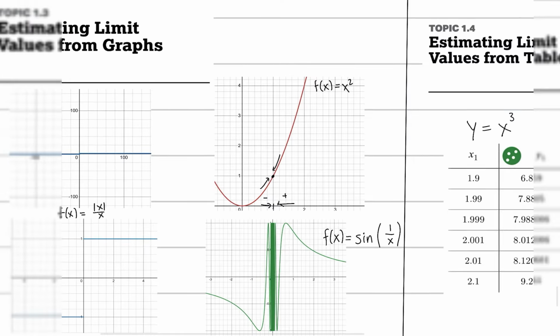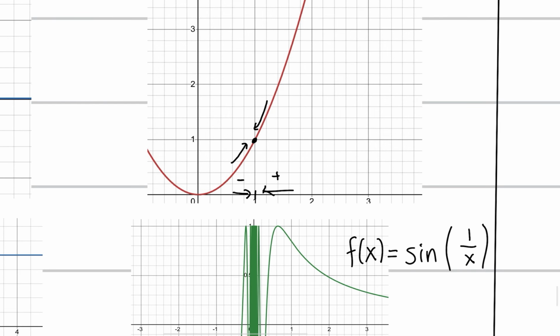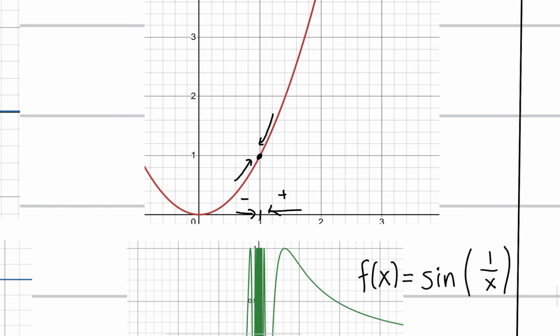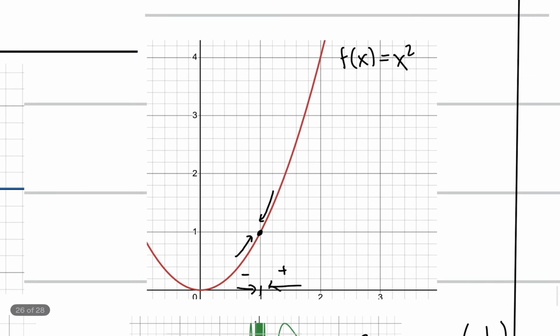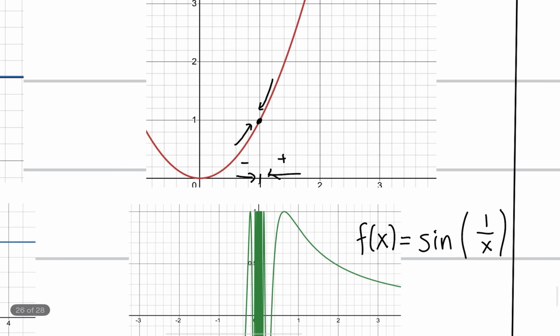We denote it as the limit as x approaches some number c plus or c minus in the superscript. It's not negative, it's just a notation saying from the left and from the right. And the idea is as we approach from the left and from the right, our f of x, which is our y, is going to approach some real number.